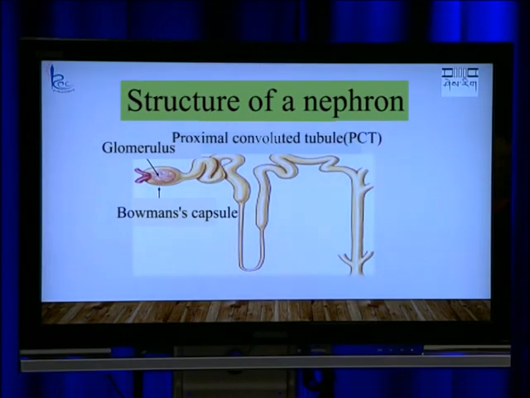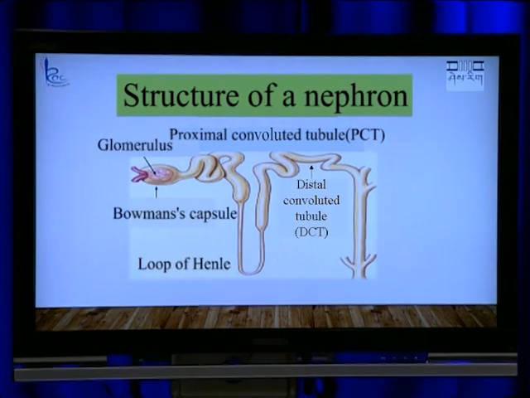The Bowman's capsule continues as a tubular structure, and it forms a highly coiled structure called the proximal convoluted tubule, or in short PCT. The PCT continues downward, forming a long U-shaped structure called the loop of Henle, which further continues to form another coiled part called the distal convoluted tubule, or in short DCT.